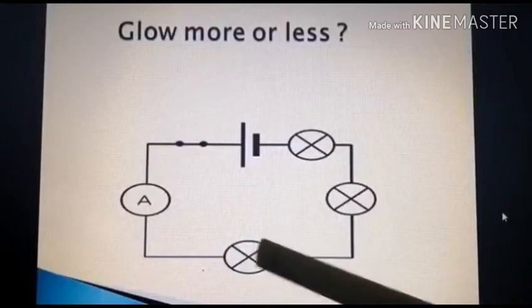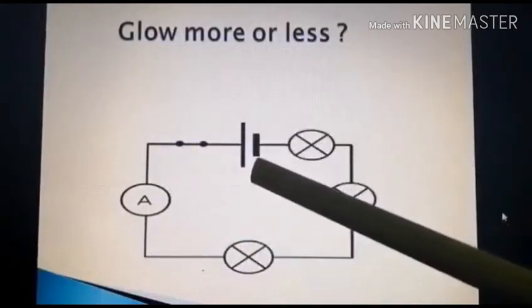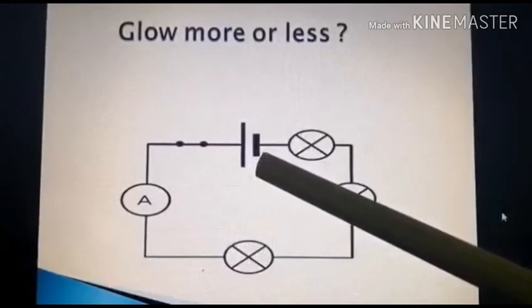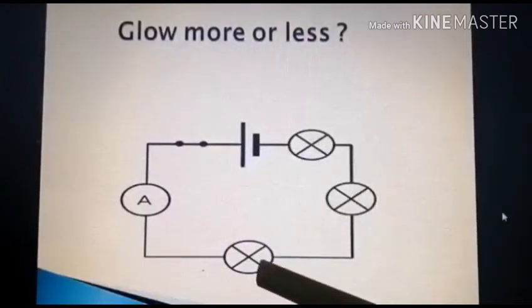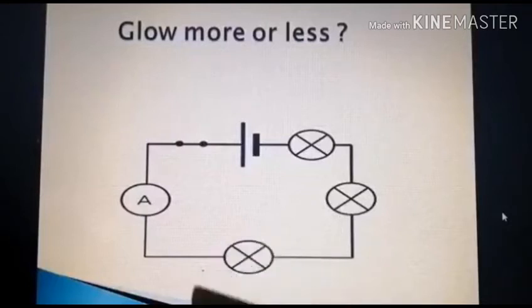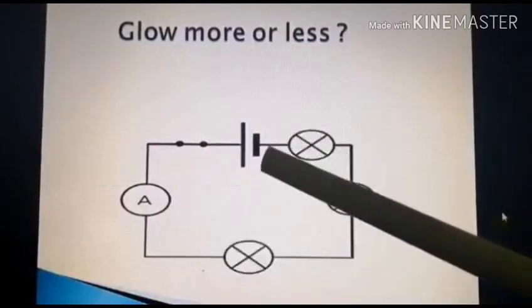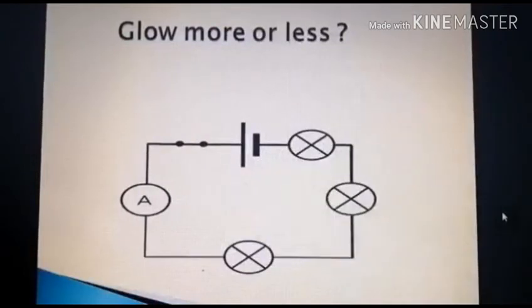Why? Because all these components are sharing the electric current from this 1.5 volt cell. They are all sharing from only 1 cell, so they glow very dimly.